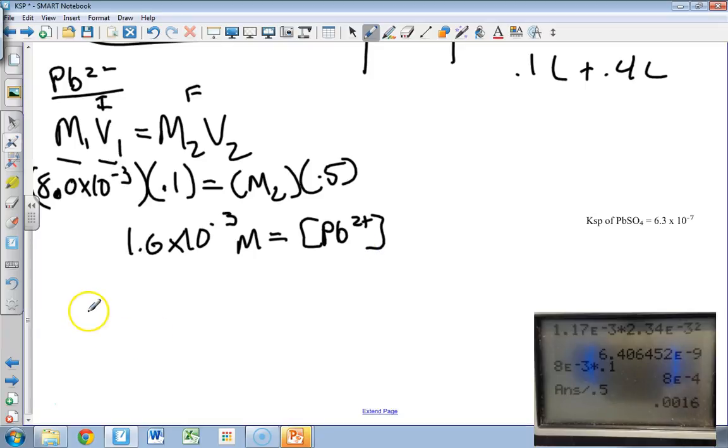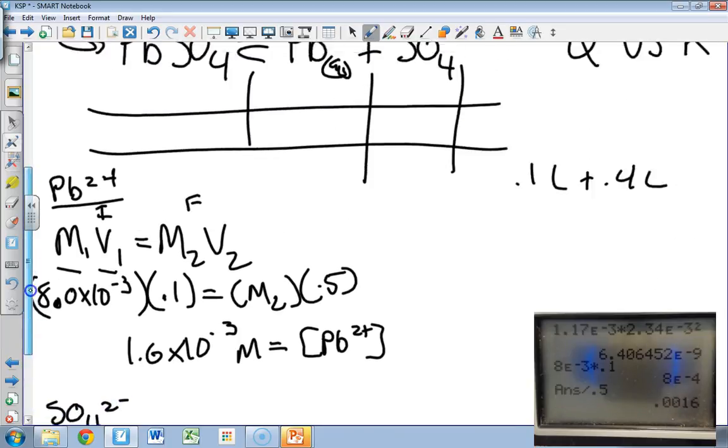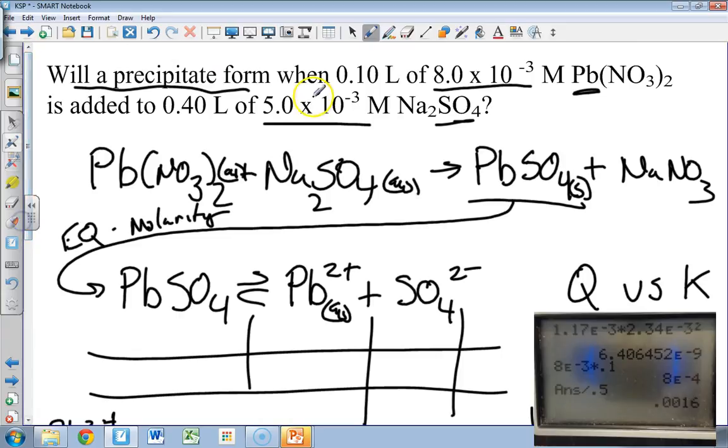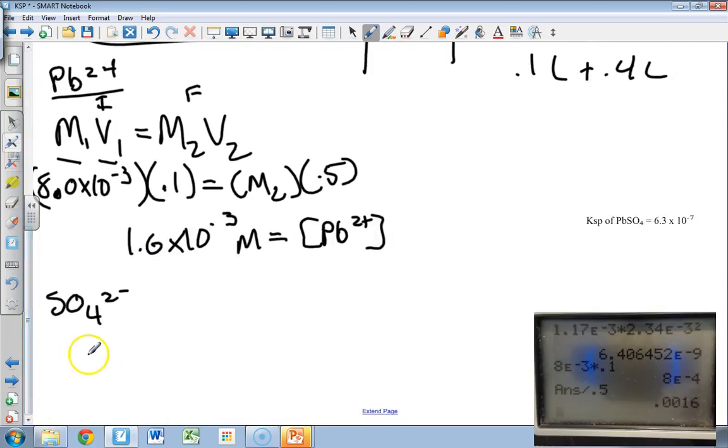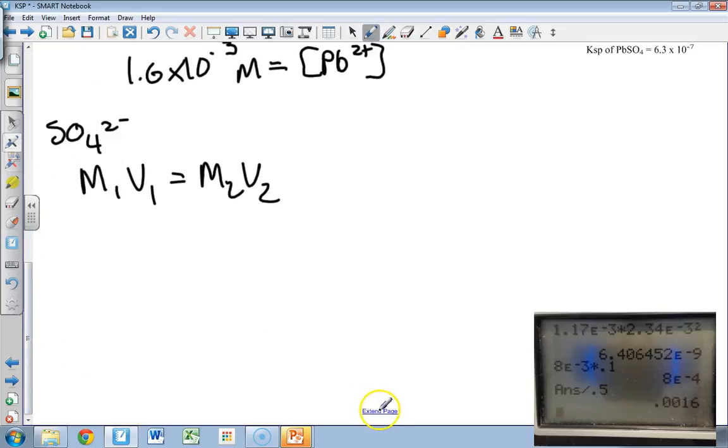Okay. Now we do the same thing with sulfate, SO4 2 minus. And so here we go up and we see, okay, so it's 5 times 10 to the minus 3, and we have 400 milliliters of it. So M1V1 equals M2V2. Okay, and so what is the old molarity? 5.0 times 10 to the minus 3. And how much of that did we add to the mixture? 0.4.